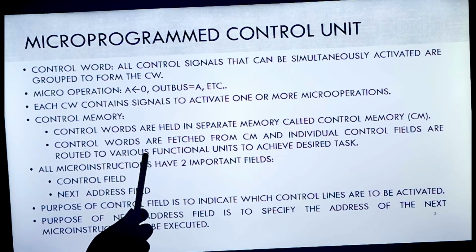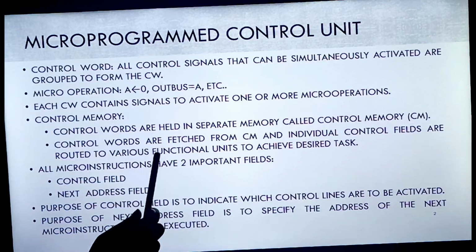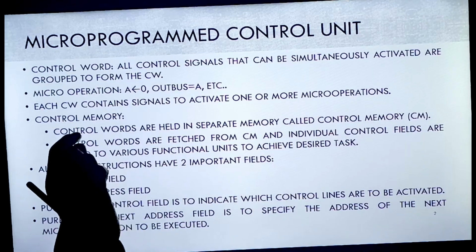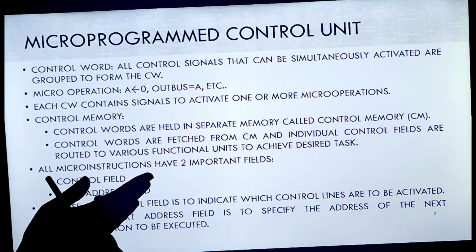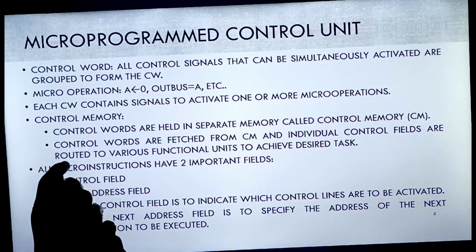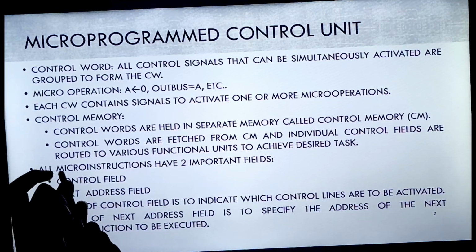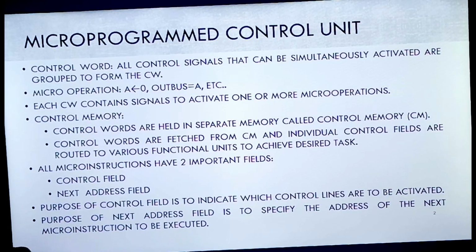For any micro operation, whatever instruction you write is known as a micro instruction, meaning a small instruction. You have a big instruction and you partition it into multiple small tasks. Those small instructions are micro instructions. I hope it's clear.